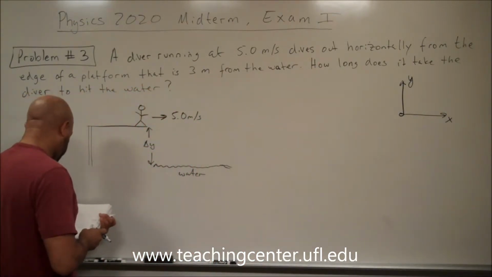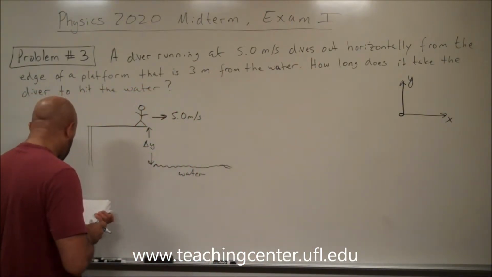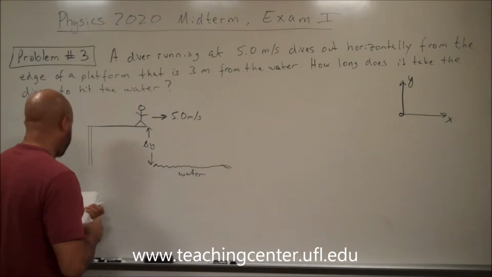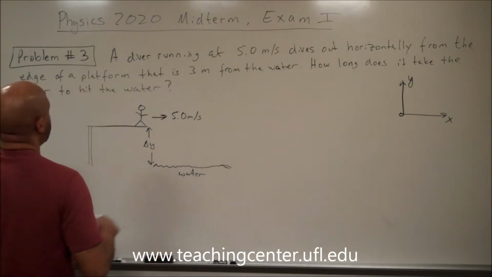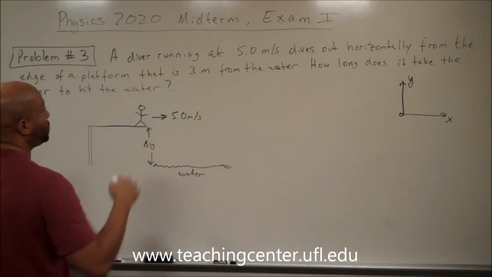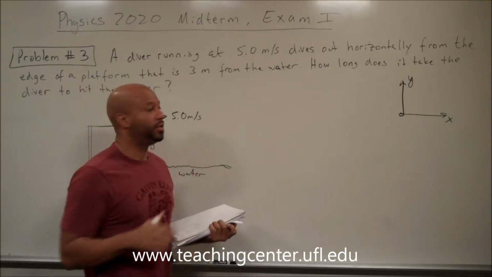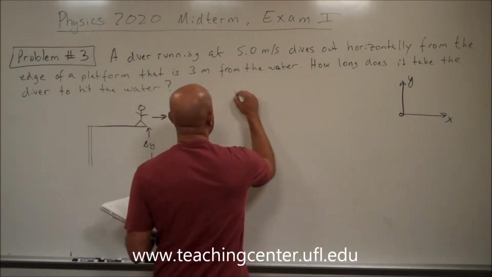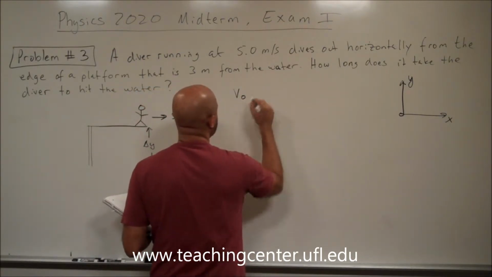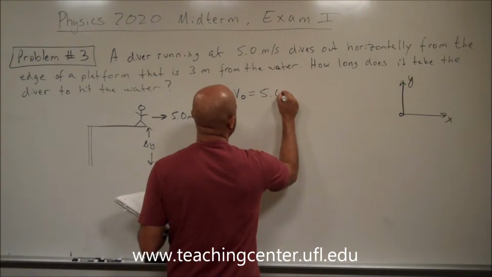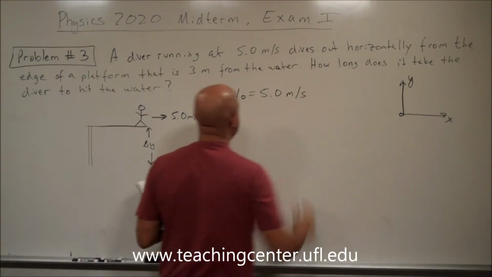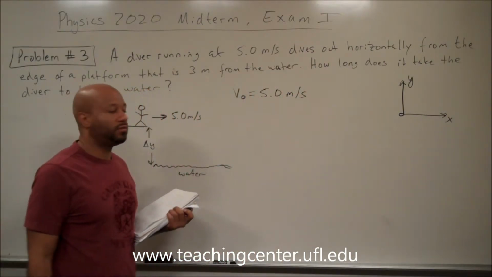We also are given some information that the initial velocity diving out from the platform horizontally, so we know that v0 is equal to 5.0 meters per second, because v0 is the initial velocity.